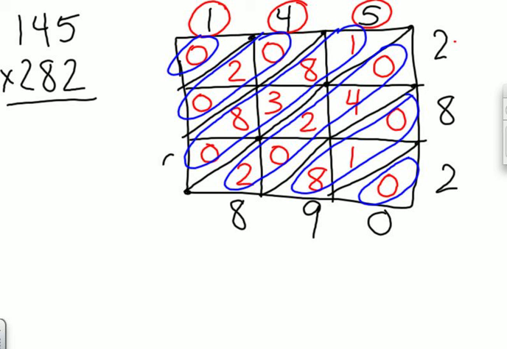It's 20. So I'm going to put the 0 here, carry the 2 into the next circle or diagonal. So now I'm left with 2 plus 2, which is 4, and my last diagonal or circle is a 0. So my answer for this problem would be 40,890.